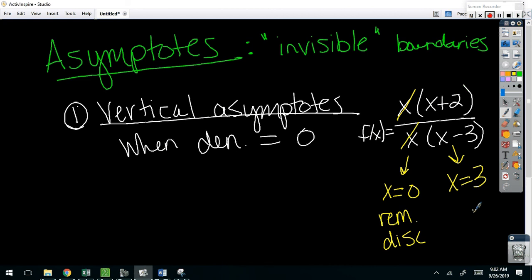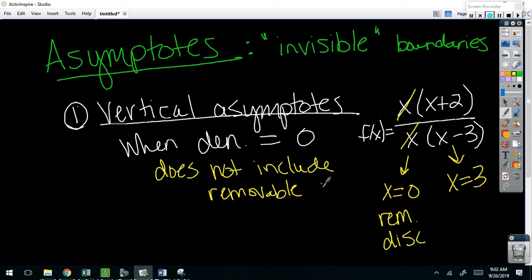So it's when the denominator equals 0, but it does not include removable discontinuities. Okay. So this graph would have a vertical asymptote, an infinite discontinuity at 3.